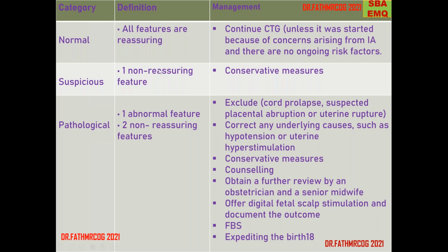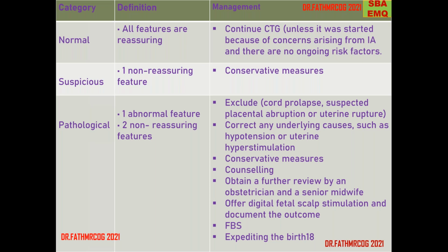If you find one non-reassuring feature, do you remember what the reassuring features are? Like the baseline 110 to 160, or variability less than 5 beats per minute for 30 to 50 minutes, or more than 25 for 15 to 50 minutes, or variable deceleration and late deceleration.